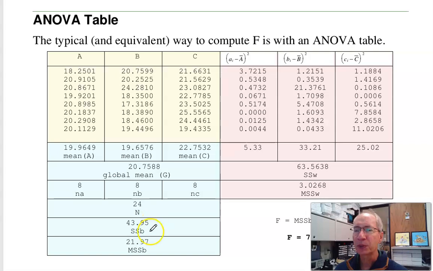The sum squared between columns is you take A minus G squared times NA, plus B minus G squared times NB, plus C minus G squared times NC. Add it all up, I get sum squared between columns. Then the mean sum between columns is this number divided by k minus 1, divided by 2. Gives you 21.